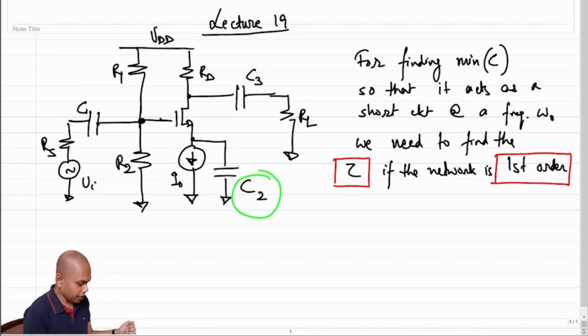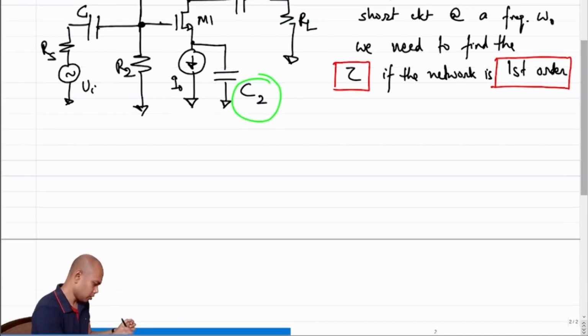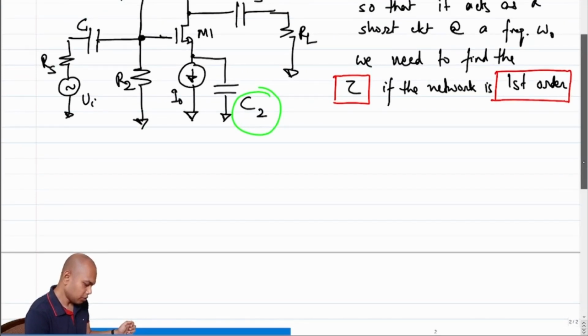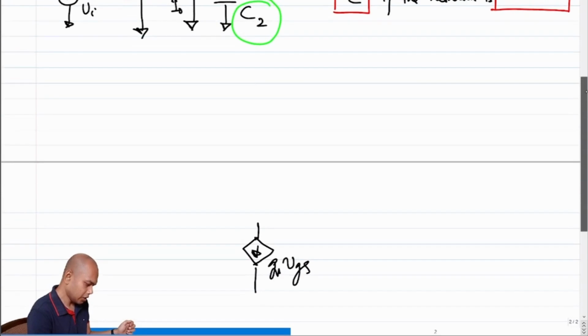In order to figure out the time constant that is associated with C2, what should we do? Let me mark the transistor M1. Obviously we have to first linearize the circuit, replace the MOSFET with a small signal equivalent and then do the analysis. So the MOSFET is replaced with a small signal equivalent, gm vgs.